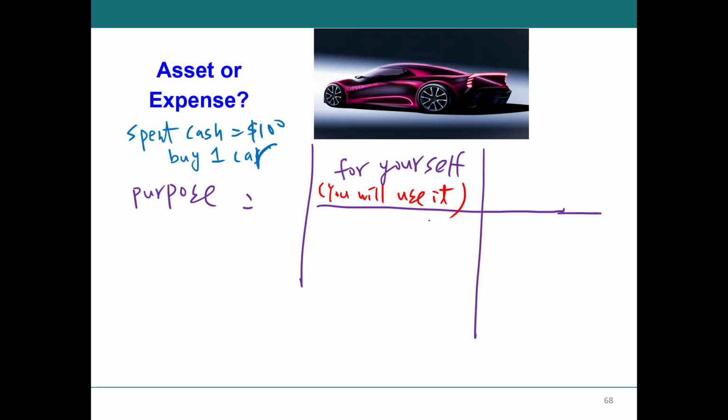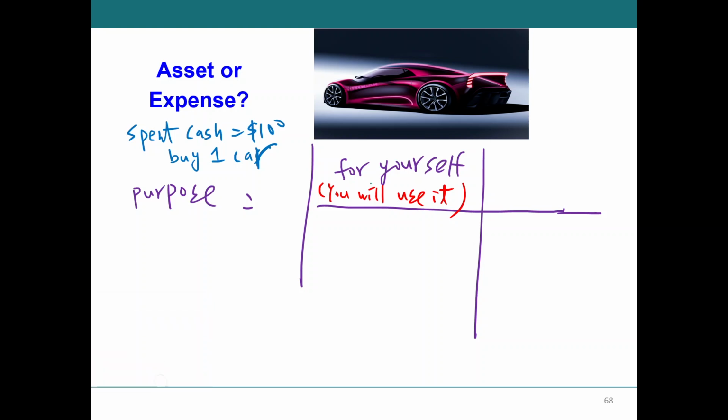Okay? My purpose, I buy the car for myself. I'm going to use it, do something else. So, will the car provide you future economic benefit? Yes, right? Because in the future, I'm going to use it. That's my car. I'm going to use it to do anything else. So, of course, they will provide you future economic benefit.